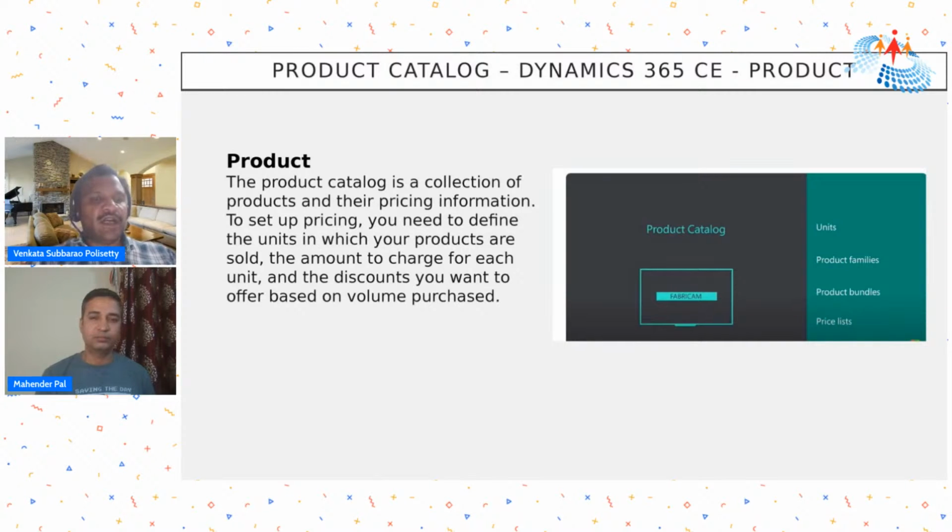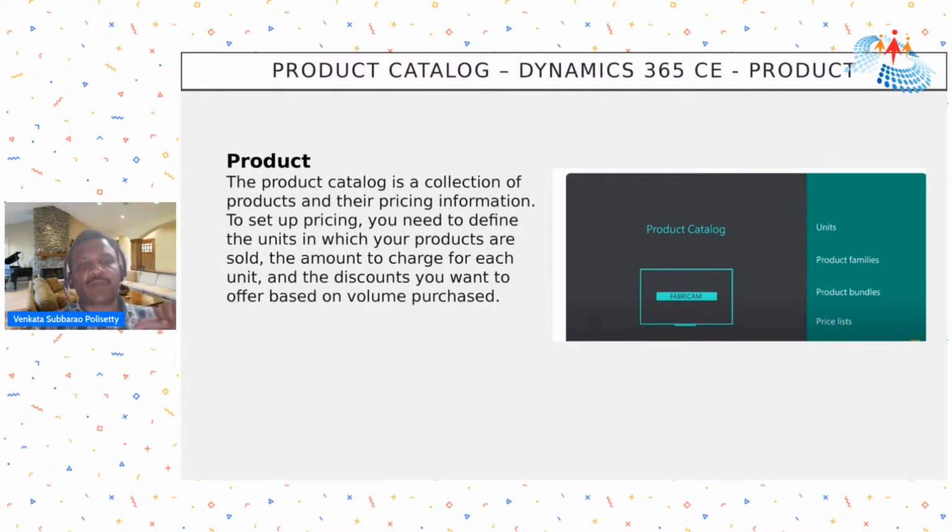Obviously, we need to set up pricing, and for each unit we need to define what has to be present. That is what we mean by the product catalog.